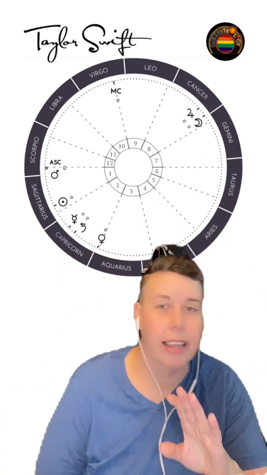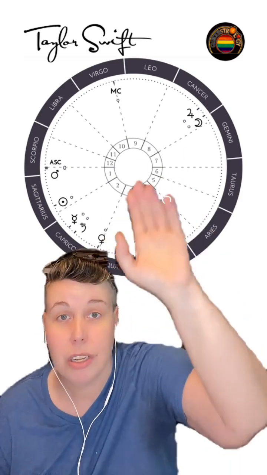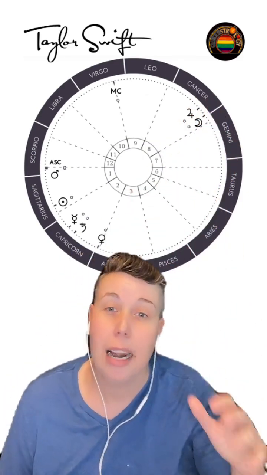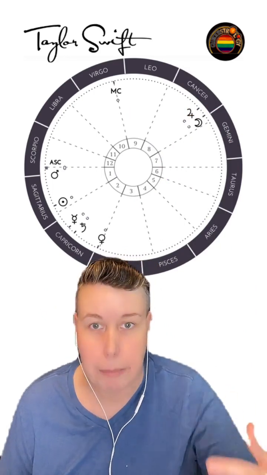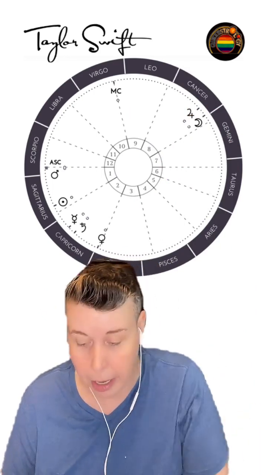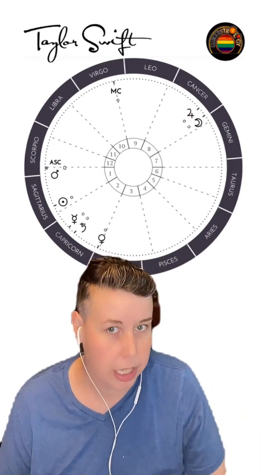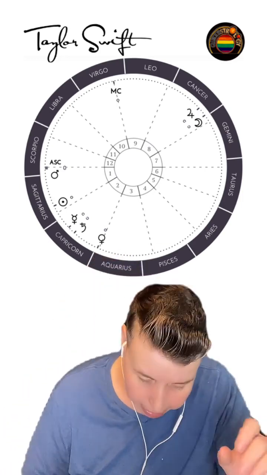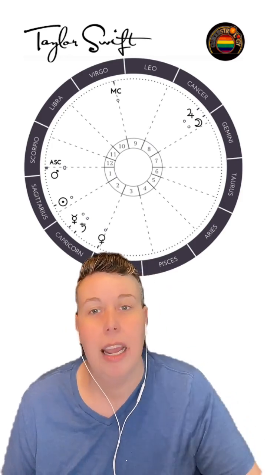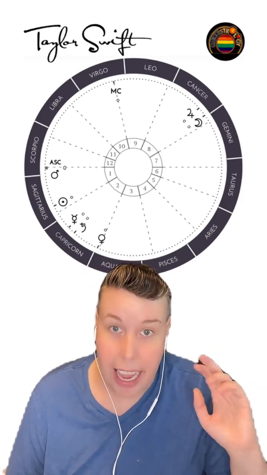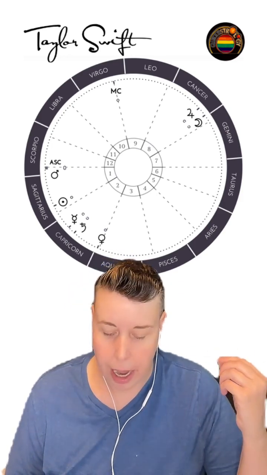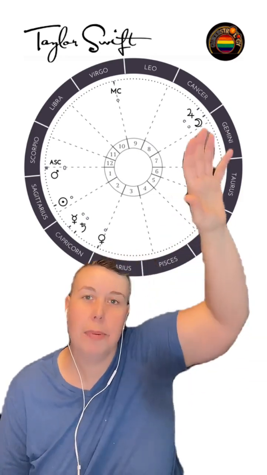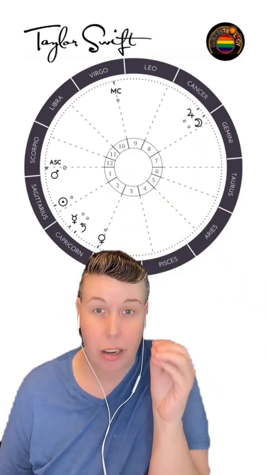Now, in addition to that, like I said, her Chiron is also here and in Cancer. And Chiron in Cancer is one of the most common placements, that and Gemini, okay? There's only a few signs that it's usually in because Chiron takes a long time to move, okay? That being said, having Chiron in Cancer in the 8th house indicates that she's experienced a lot of great loss in her life.